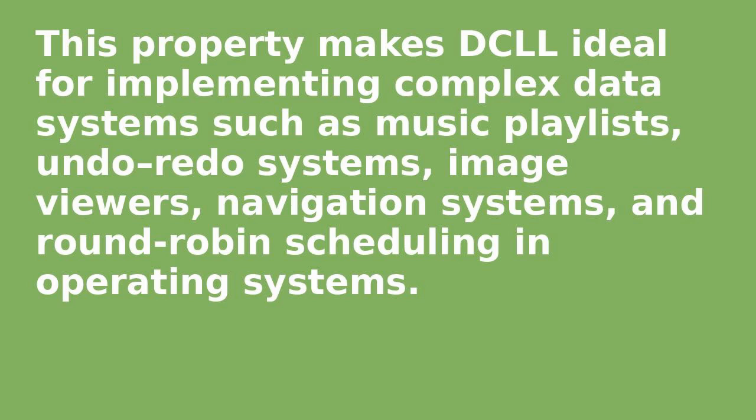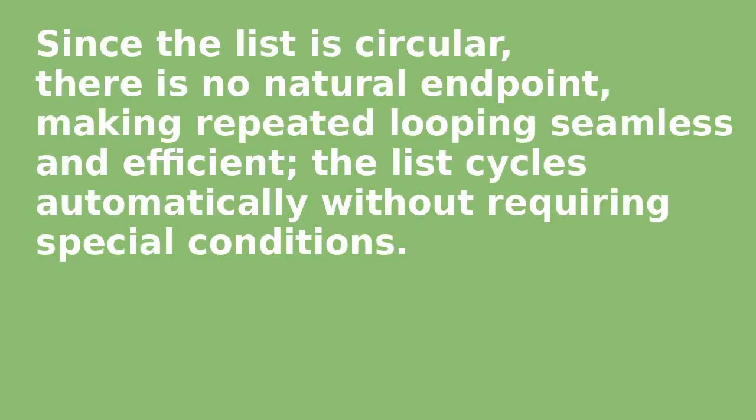This property makes DCLL ideal for implementing complex data systems such as music playlists, undo-redo systems, image viewers, navigation systems, and round-robin scheduling in operating systems. Since the list is circular, there is no natural endpoint, making repeated looping seamless and efficient. The list cycles automatically without requiring special conditions.